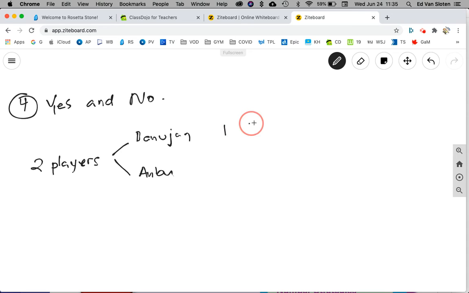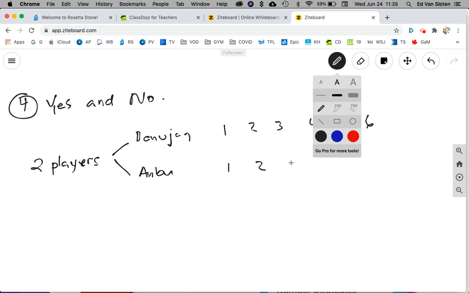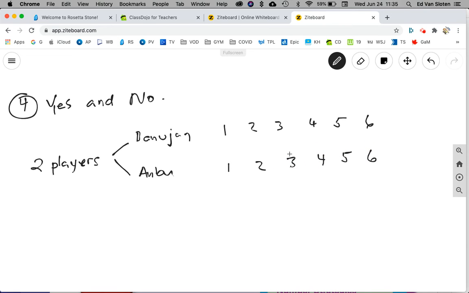So here are the outcomes. Anbu is playing against Banujan, and they want to figure out who goes first.